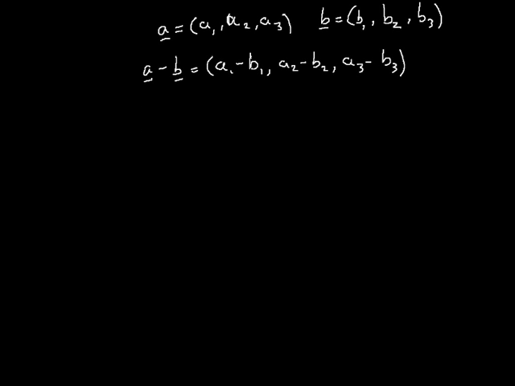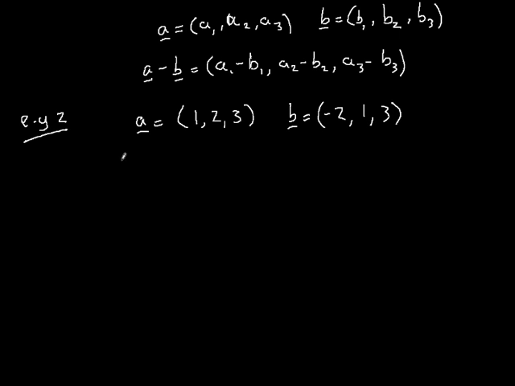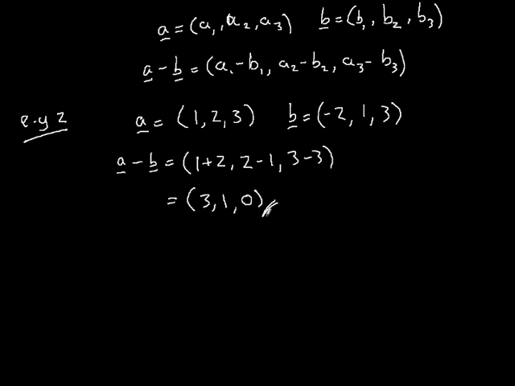So, the second example of this screencast. I can't quite remember what my vector B was from earlier, so I'm just going to make up some numbers. If these are two vectors defined, A minus B will be 1 minus 2, so it's 1 plus 2, 2 minus 1, and 3 minus 3. So 1 plus 2 is 3, 2 minus 1 is 1, 3 minus 3 is 0. So vector addition and vector subtraction are very, very simple.